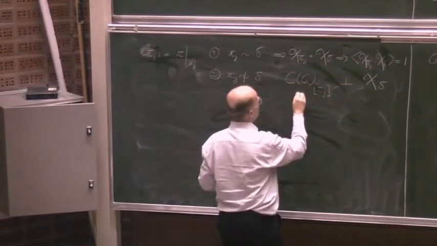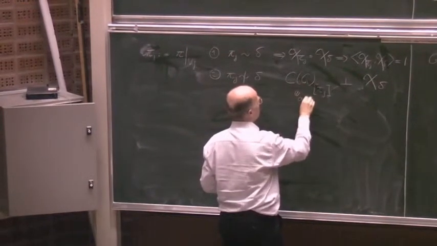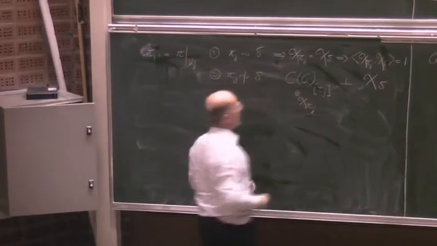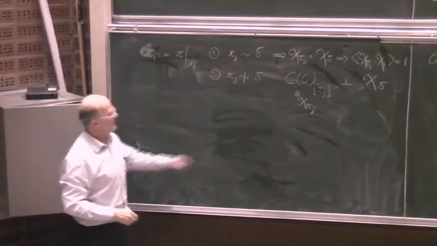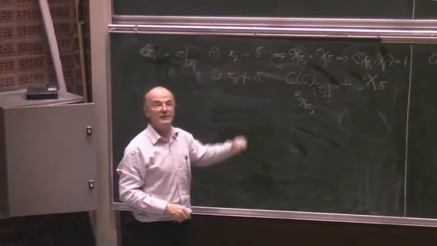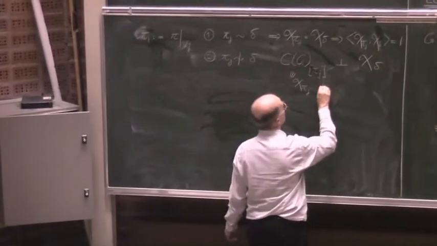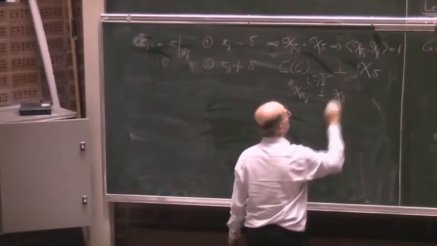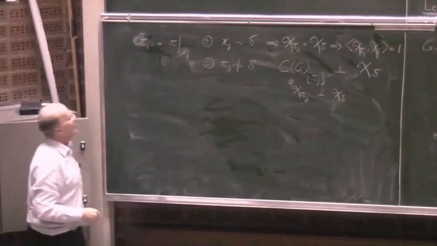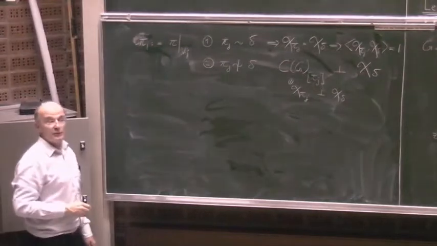Now this contains the character pi j, so by Schur orthogonality the characters are perpendicular in the L2 sense. So this is perpendicular to chi delta, the inner product is 0. This is basically the proof.